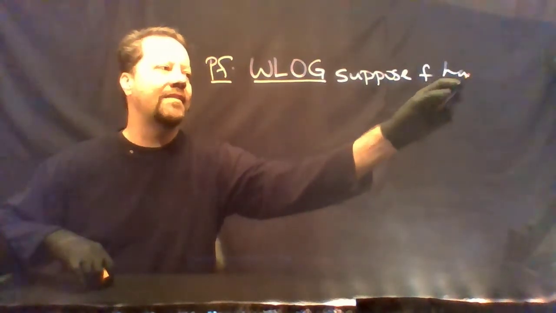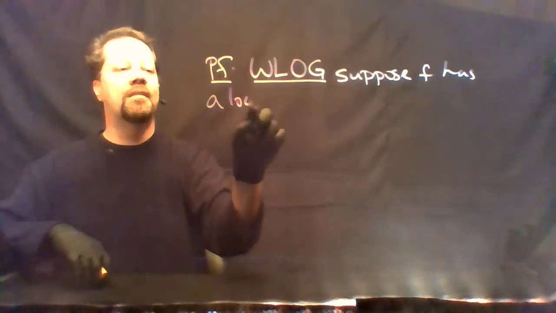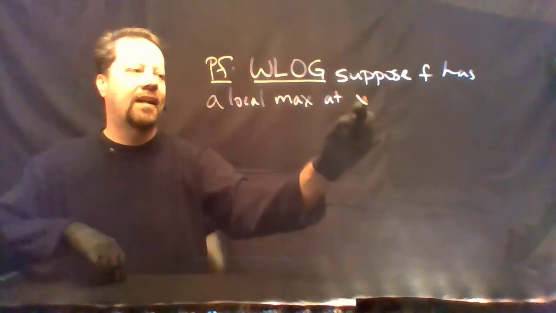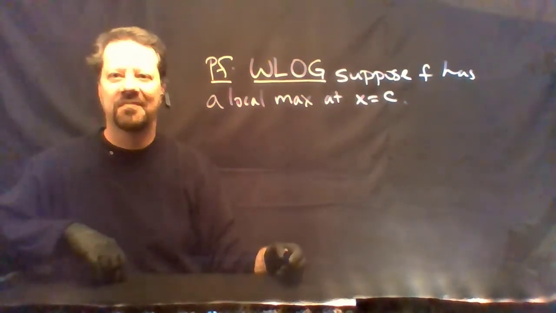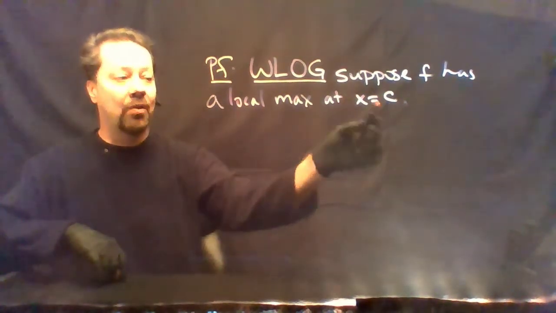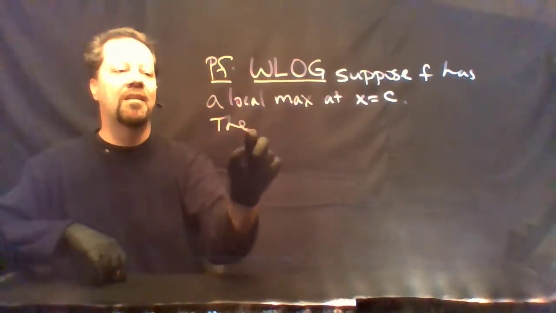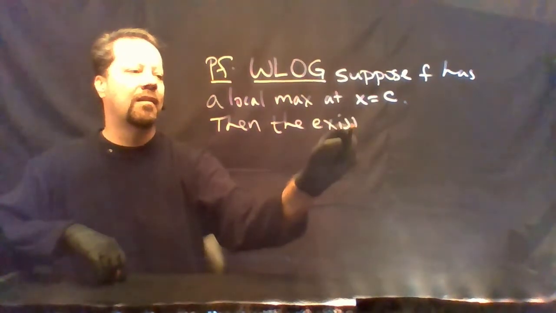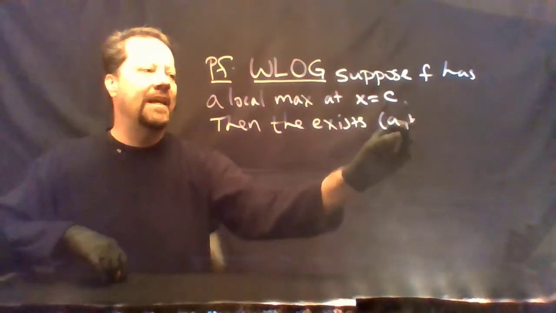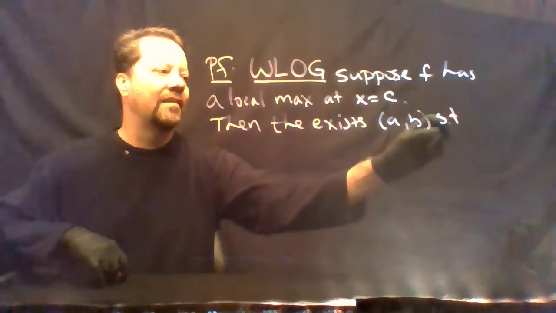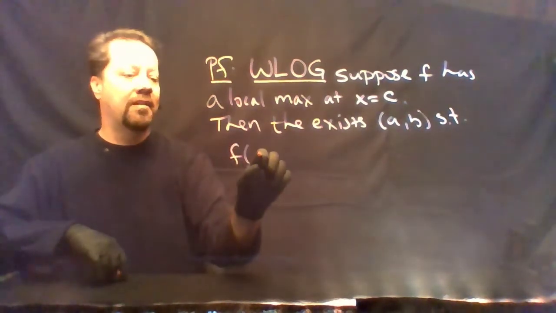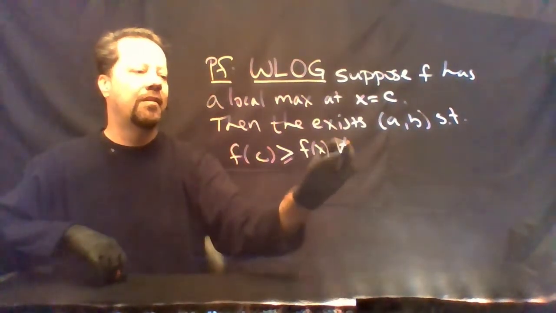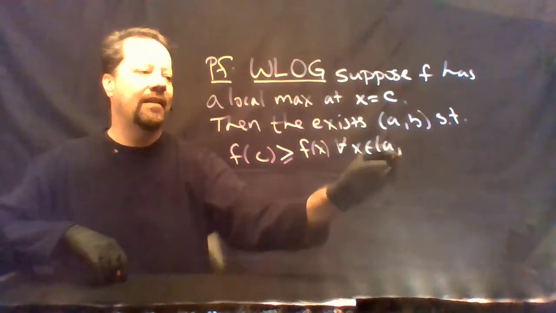Suppose f has a local max at x equals c. What does it mean that it has a local max here? Then there exists an interval AB such that f of c is bigger than or equal to f of x for all x within this neighborhood AB.